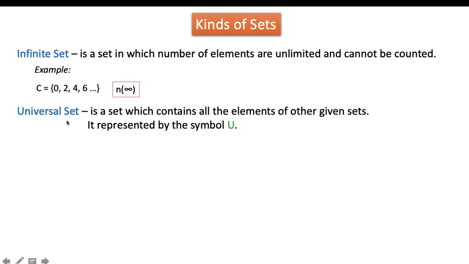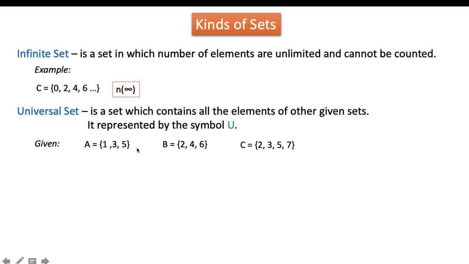When you say universal set, it is a set which contains all the elements of the other given sets. It is usually represented by the symbol U. We have 3 given sets here. Set A contains 1, 3, 5. Set B contains 2, 4, 6. Set C contains 2, 3, 5, 7.